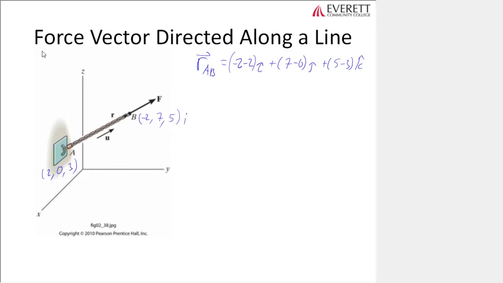Let's say that those are all in inches. Okay, so I came up with a position vector. And you notice the force is directed along that position vector. So let's go ahead and write that in Cartesian vector notation. RAB is going to be equal to -4i plus 7j plus 2k.